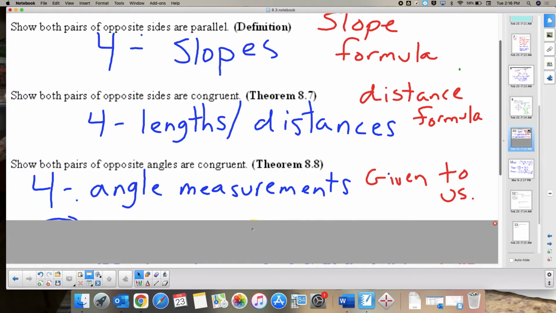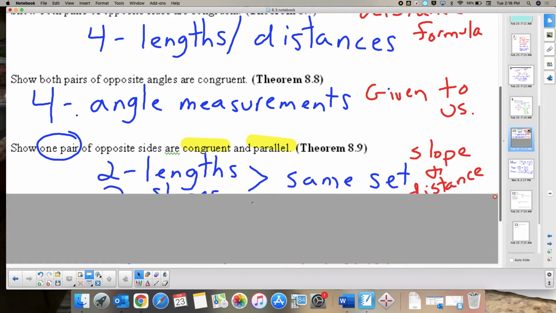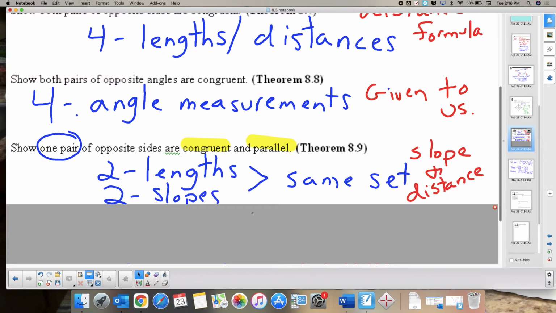Option 4, one pair of opposite sides are both congruent and parallel, meaning one set of sides you're going to have to find the lengths to be the same, so you need the distance formula, and the slopes to be the same, because they'll have to be parallel.